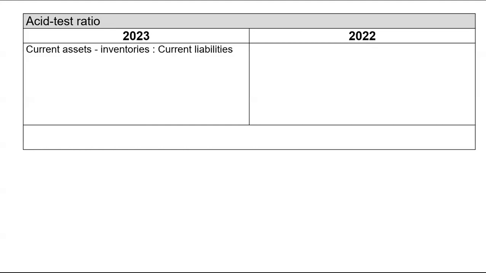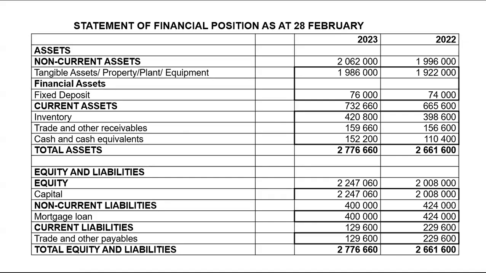I will simply do it for 2023. So for 2023, you will take your current liabilities, and that information you will find in your statement of financial position. Your current liabilities for 2023 amounted to 129,600. Your current assets amounted to 732,600.